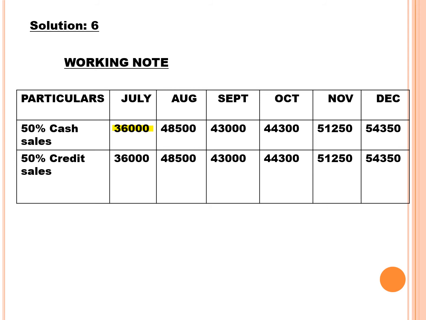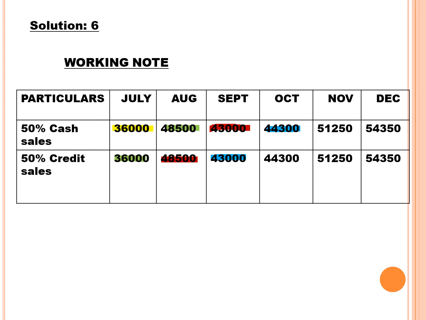Next, what will you receive in August? You will receive July's credit sales in August and cash sales of August. Next, what will you receive in September? August credit sales and September cash sales. What will you receive in October? September's credit sales and October cash sales.